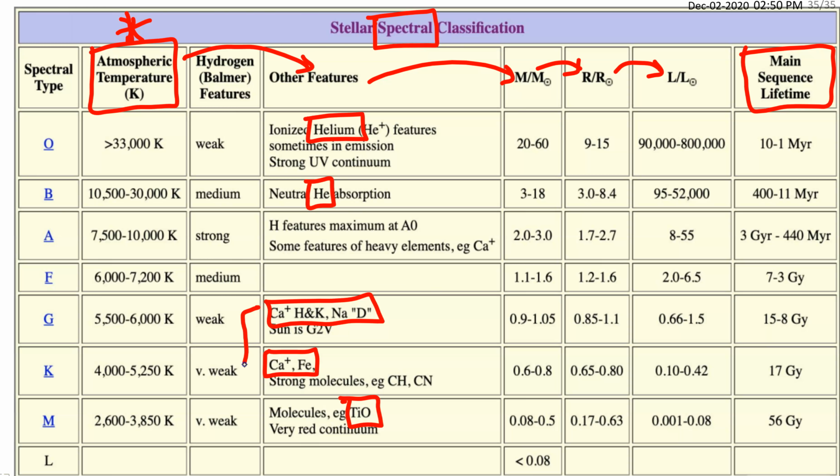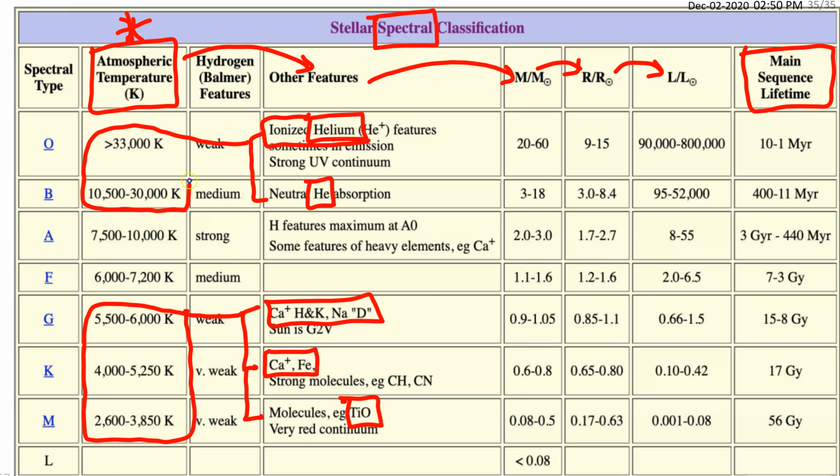Heavier elements like calcium, iron, and titanium correspond to this 2500 to 5500 temperature range. Whereas lots of helium right here corresponds to 30,000 or more.